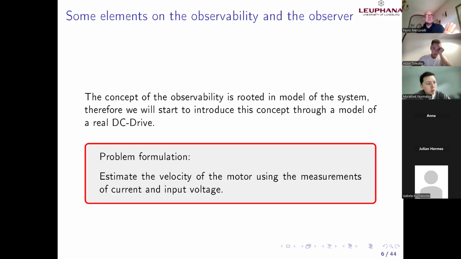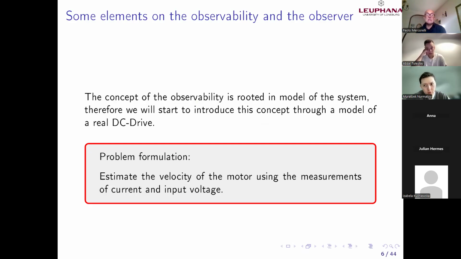If I give you a real DC drive, a possible problem formulation is: estimate the velocity. Velocity in the sense could be rounds per second, probably the engineer understands directly what I intend. Estimate the velocity of the motor using the measurements of current and input voltage.